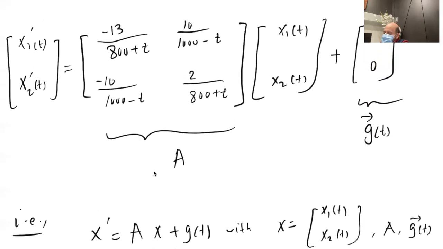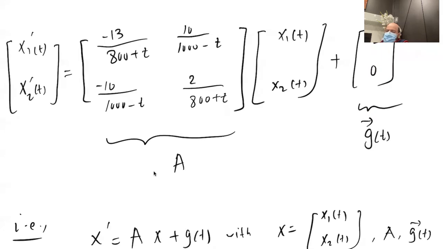So here, we could write x prime as Ax plus g of t, but there is an issue here. We already saw how to solve x prime equals Ax plus g of t in the case where entries of A are constants. Remember, we discussed eigenvalues of A, whether they're distinct and real, distinct and complex, or repeated eigenvalue. But in all of those cases, the entries were constants, they were numbers.